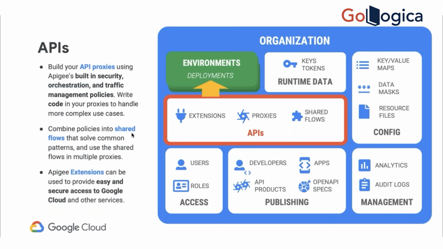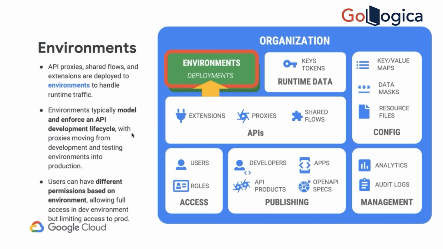So APIs, then environments. As we know, an environment is the place where you can deploy any API, extension or shared flow, and you can consume them. We have different environments. In the free account, Apigee provides two environments: one is test, another one is prod.